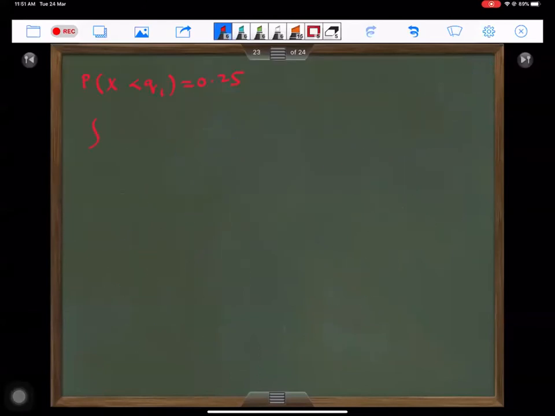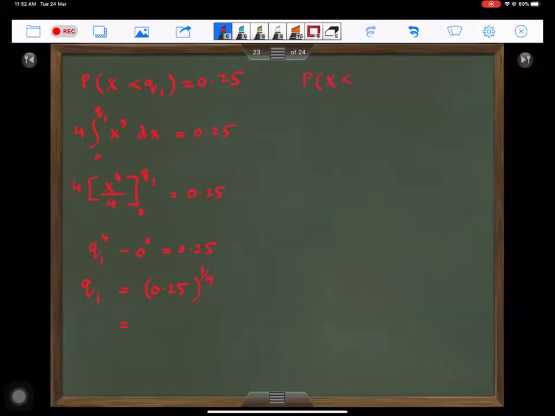This is 4, this is x cubed, this is dx. This is 0.25. Lower limit is 0, upper limit is q1. 4 as it is, x^4 over 4, between 0 and q1, equal to 0.25. The good thing is the 4s cancel. q1 raised to the power of 4 minus 0 to the power 4 is equal to 0.25. Therefore, q1 is 0.25 raised to the power of 1/4. And of course, you can use a calculator.